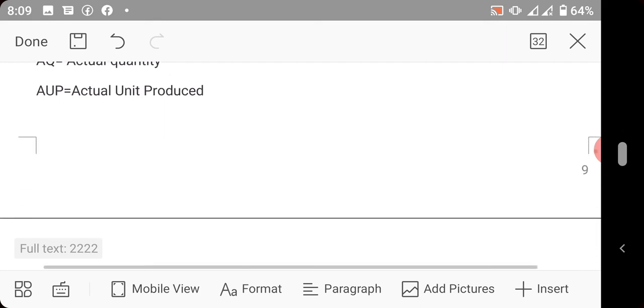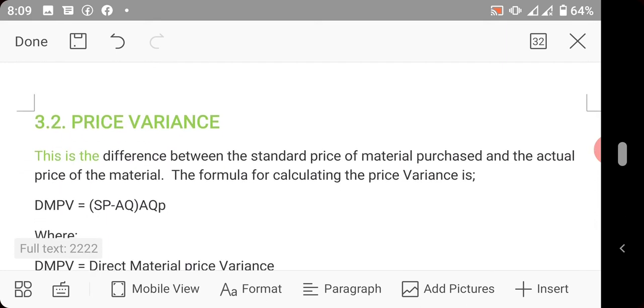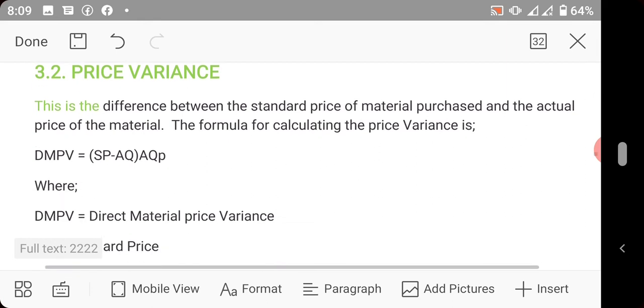Now we'll continue. Move to price variance. This is the difference between the standard price of material purchased and the actual price of material purchased. Like, we can set the price of material to be 5 naira, then we go to the market and buy it at 6 naira. So that is why we're looking at the differences between our standard price and the actual price.